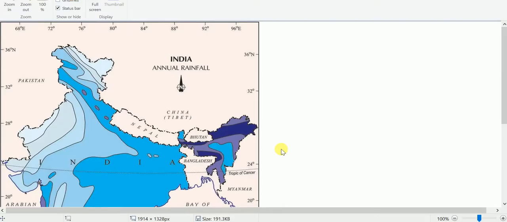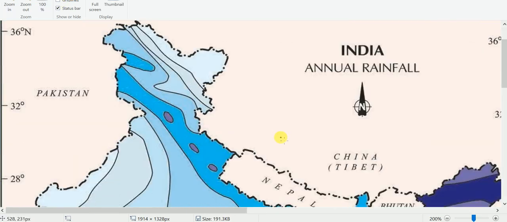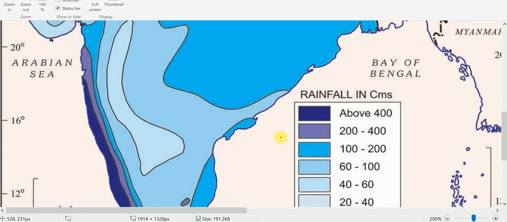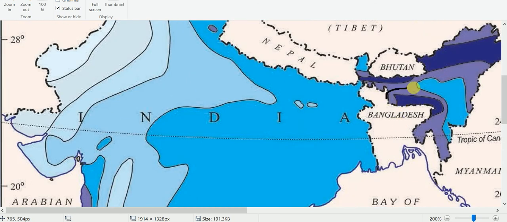Just look at this map. This map shows the distribution of annual rainfall. Here, see the color code. This color represents rainfall more than 400 centimeters, and generally we find here in Meghalaya, rainfall is more than 400 centimeters, here in upper Assam, here also.